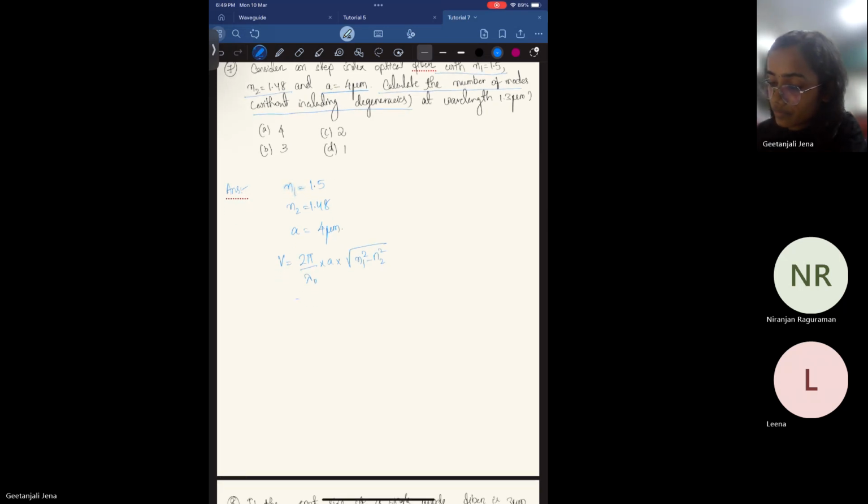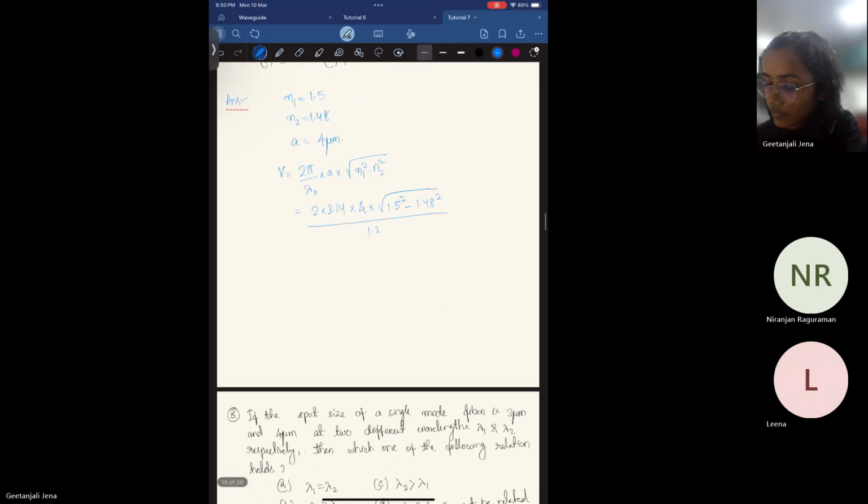Just use the values: 2 pi A, where A is 4, N1 is 1.5 square, and N2 is 1.48 square, over lambda 0, which is 1.3 micrometer. If you calculate it, it will come to around 4.71736.